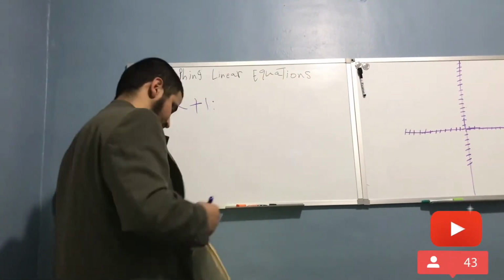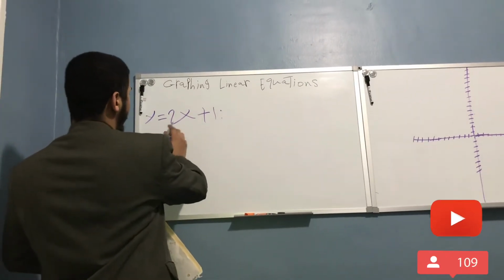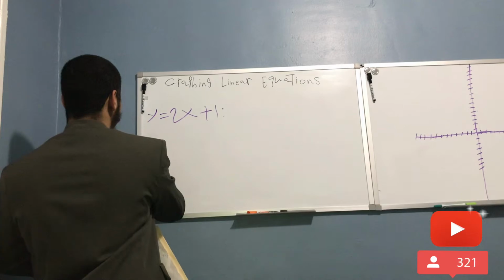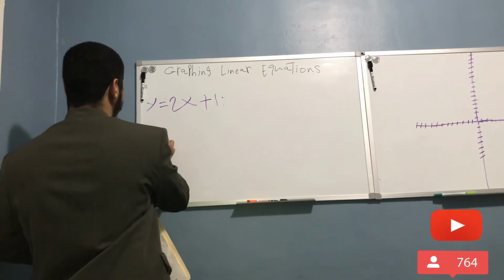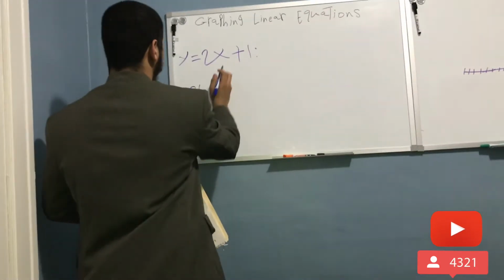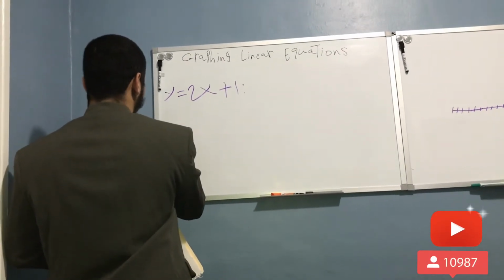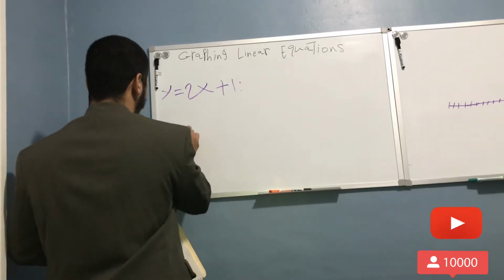Alright, let's do it. So we have here y equals 2x plus 1. This is the x, actually. The coefficient of x is the slope. Let me start from here. The x term gives the slope.